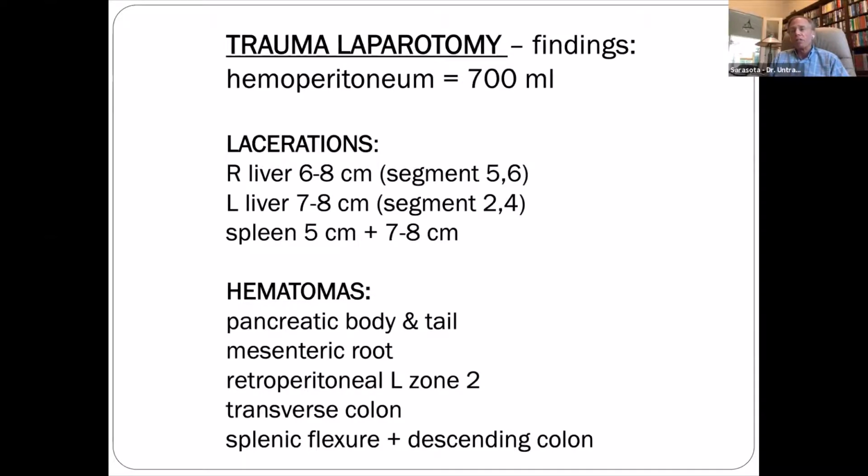If you can unroof them and imbricate the serosa, fine. But explore very carefully at the root of the mesentery, especially around the pancreas, which is where the problems can occur, and at least drain there. And otherwise, I think it's pretty straightforward.